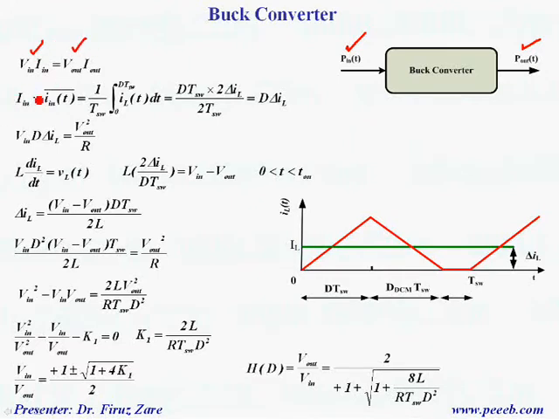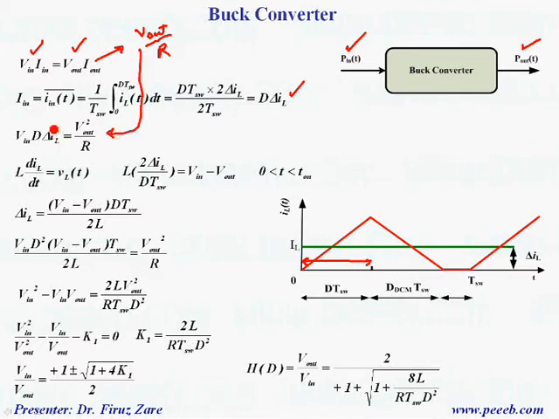The input current is basically the current through the inductor just over this period, which can be found through this equation. Also we can write the output current, which is V out over R, and we can write the equation here.